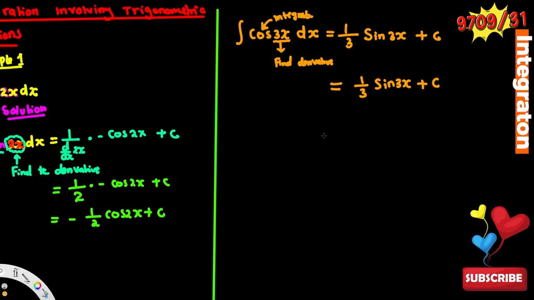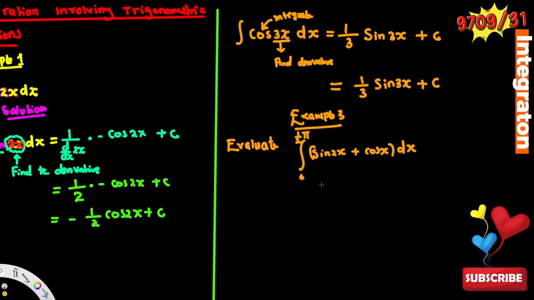Okay. Further, we need to look at another scenario. So evaluate this part that we have here, from 0 to 1 over 2 pi, and we are given sine 2x plus cos x.